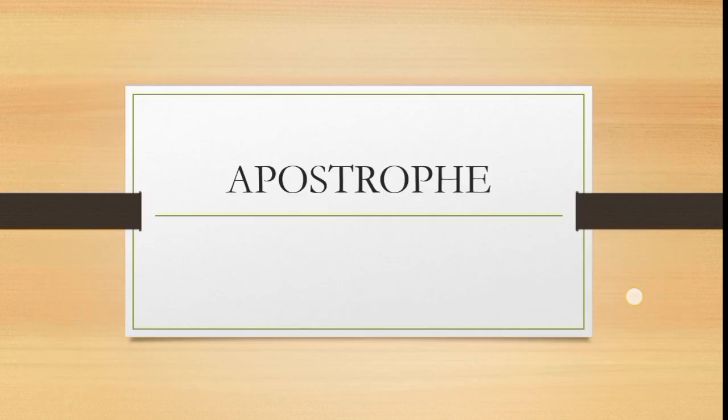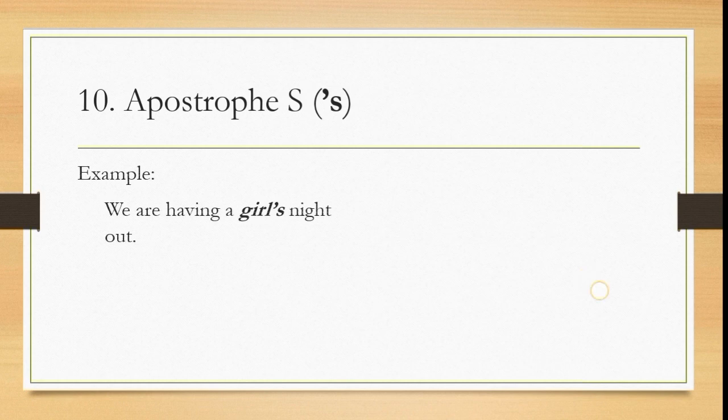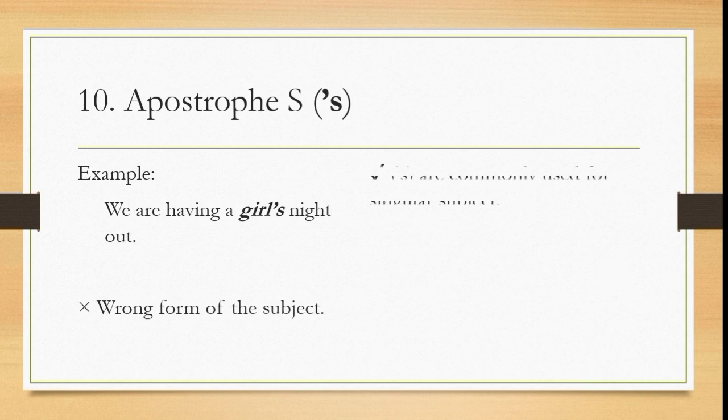Next is the differences, mistakes in the apostrophe: girls' and girl's. Apostrophe S. Example, we are having a girl's night out. It is the wrong form of subject because apostrophe S is commonly used for a singular object, and we are using here the pronoun "we," which is plural.